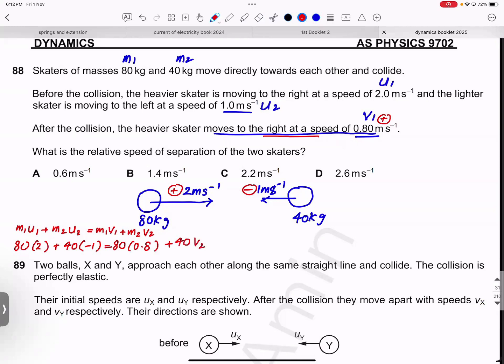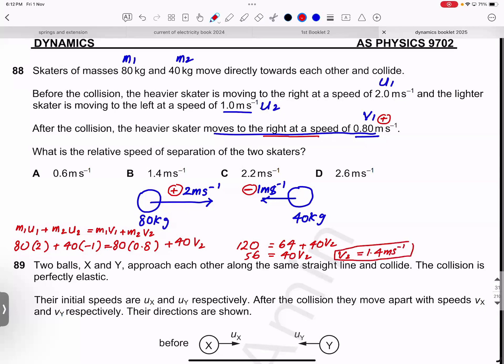Let's rearrange this equation and get the answer. Left side is 80 times 2, 160, minus 40, 120. So 120 is 64 plus 40 V2. 120 minus 64 is 56, is 40 V2. V2 is 1.4 meters per second.